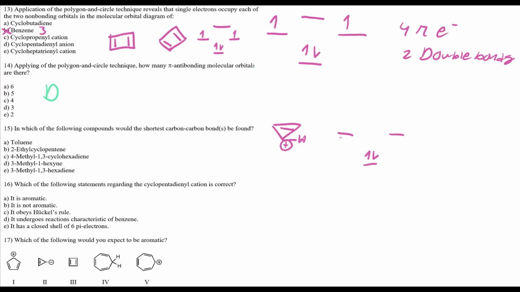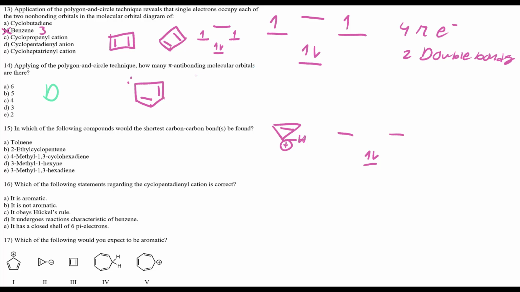What about a cyclopentadienyl anion? Well, cyclopentadienyl anion looks like this. And let's actually do it over here. Right, so 1, 2, 3, 4, 5, cyclopentadienyl anion. So yeah, it would look kind of weird, but let's just make sure that's right. Yeah, it's conjugated.